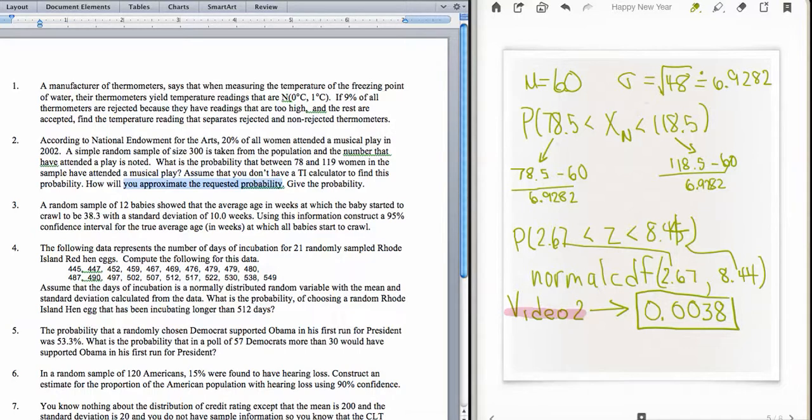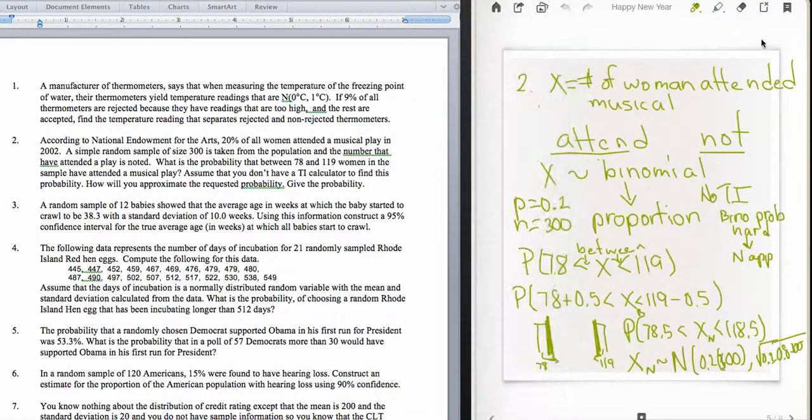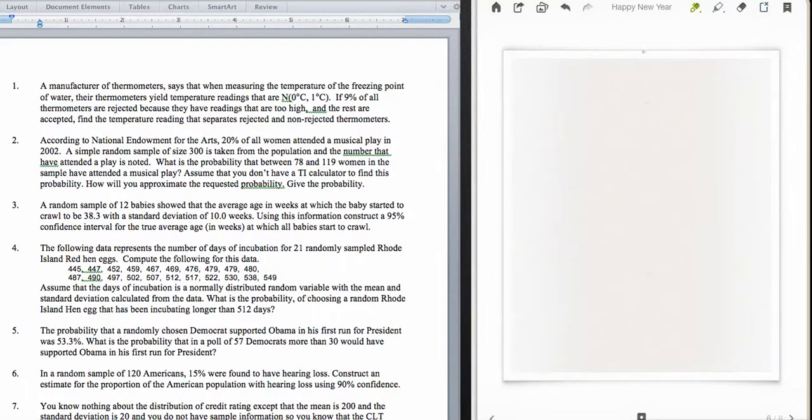But it would be a multi-stepped process, which makes it even more work, even with our calculator, because we'd have to find the probability of being less than 119, and then subtract from that the probability of being less than 78. So even with our calculator, this would be a little bit more difficult, and the normal approximation might be the preference on that. Okay, now I'm going to go on to problem number 3.